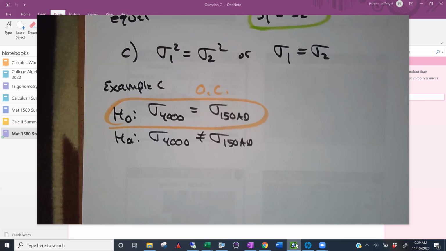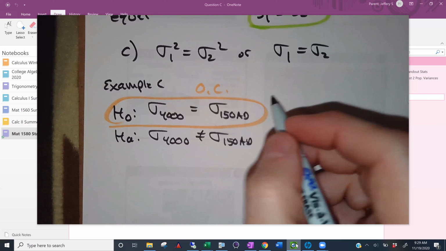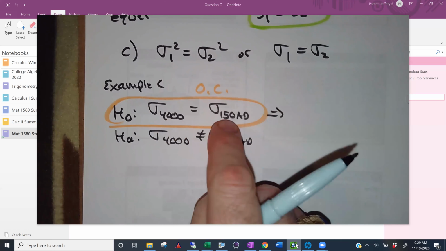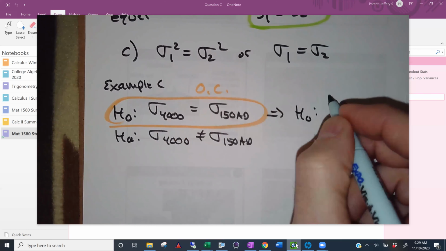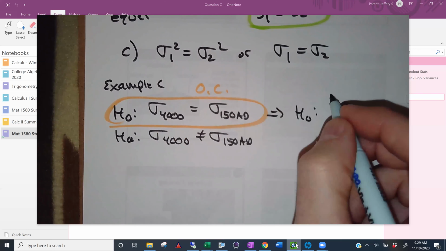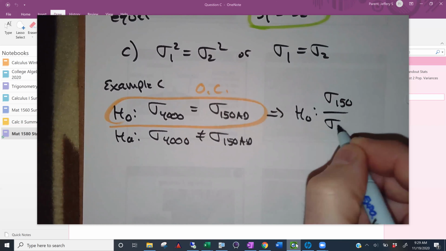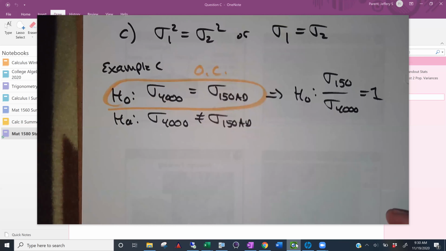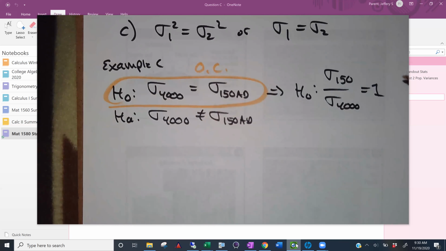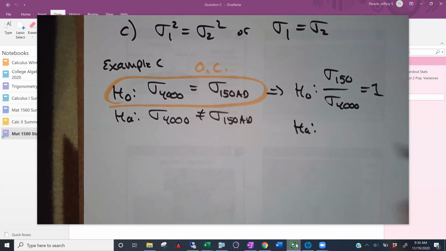Now, if you look at the data, the one of these that has the bigger variation is actually the 150 AD. You could regard this as being equivalent to sigma sub 150 over sigma sub 4000 equals 1. I don't think we have to worry about that with our software StatDisk, but in some other software, or especially if you're doing it by hand, you might have to.